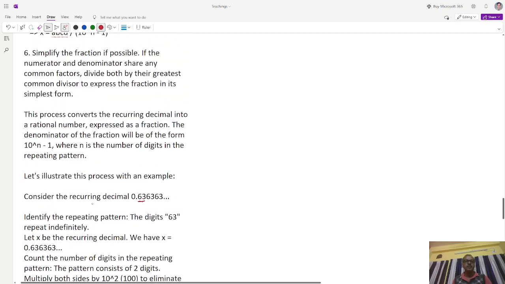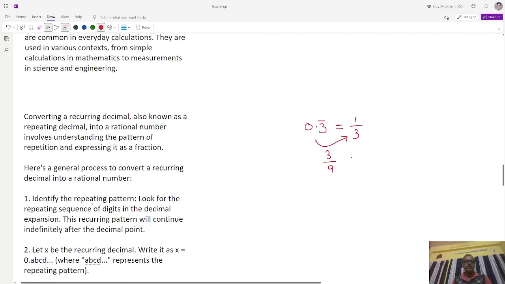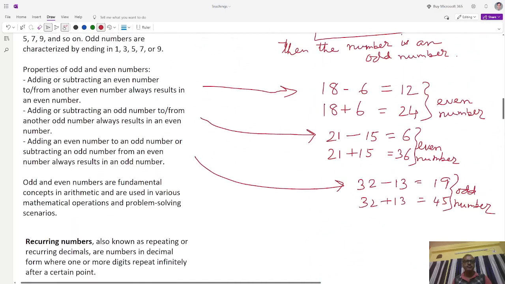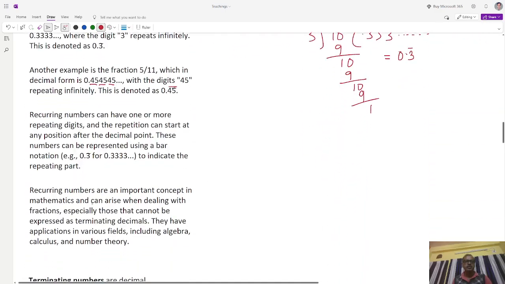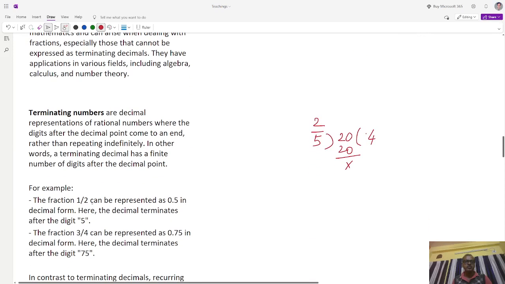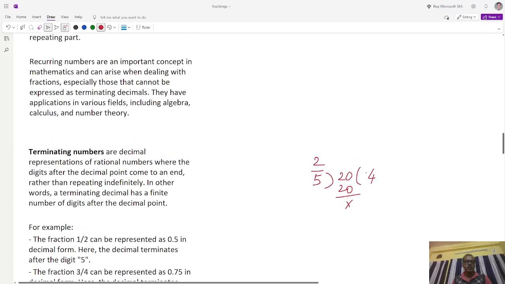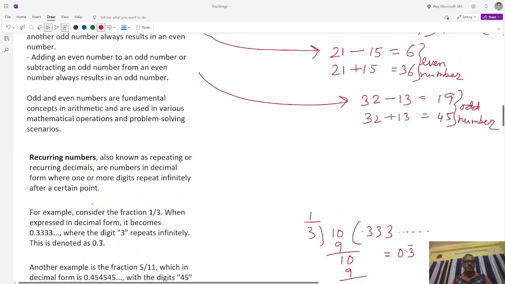So now you are confident enough to find out the rational number from a recurring number process.